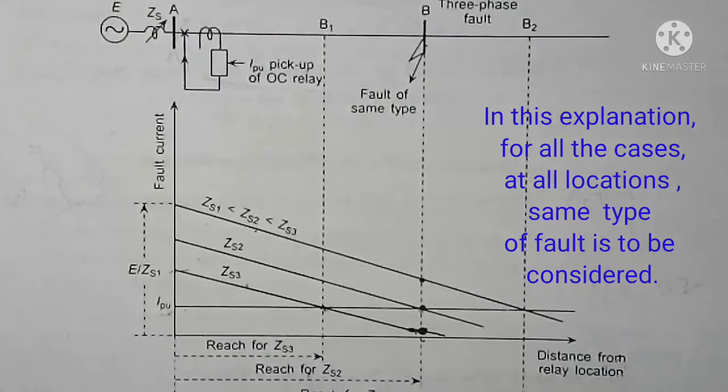So because of these reasons, that is overreach and underreach of the relay, overcurrent relays are not preferred for protection of transmission lines.